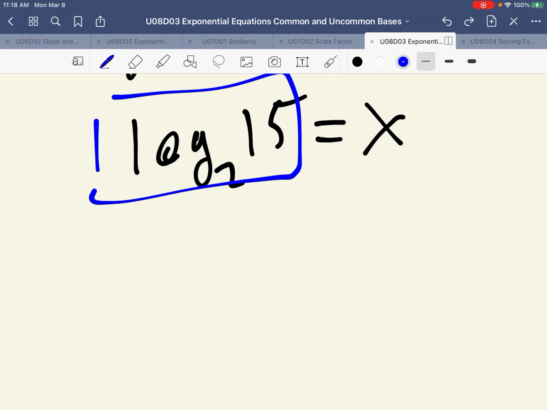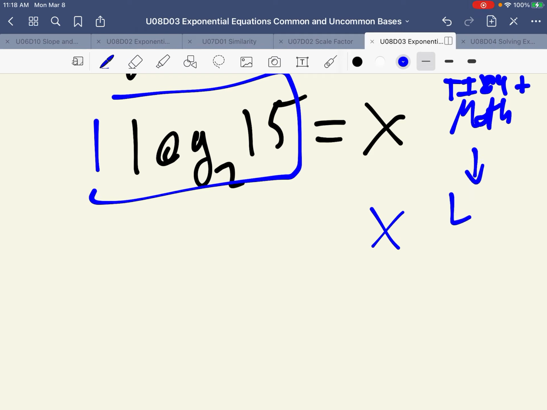So I'm going to type this into my calculator, and I will tell you what it gives me. Using my calculator, I'm using a TI 84 plus. I press math, and then just scroll down to log base.